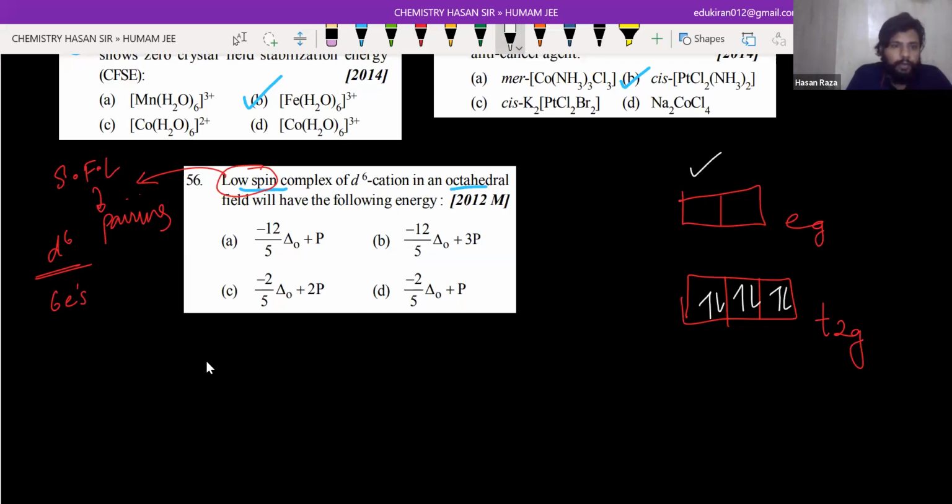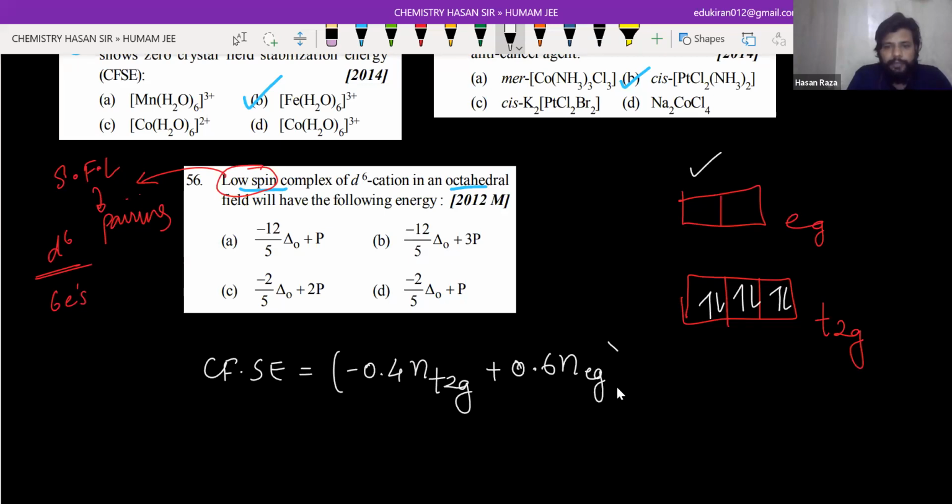Now, if you are going to calculate CFSE, CFSE will be equal to, as I told you, minus 0.4 into n of t2g plus 0.6 into n of eg.